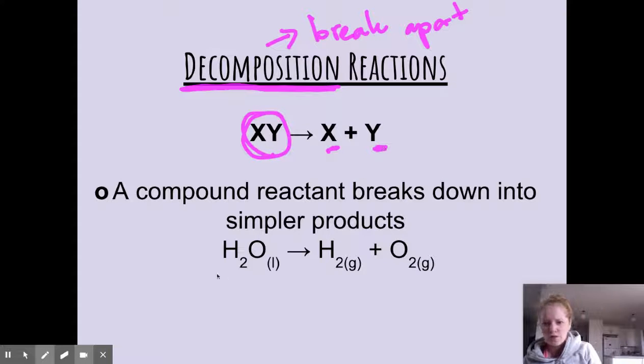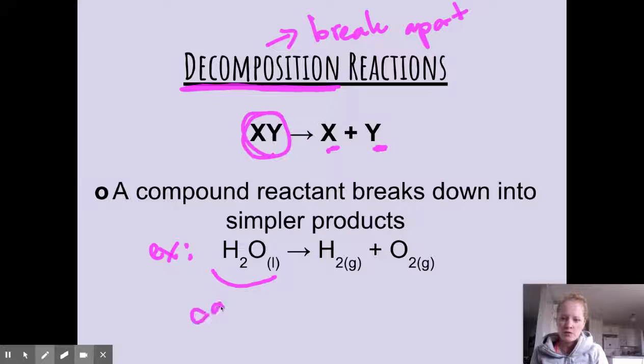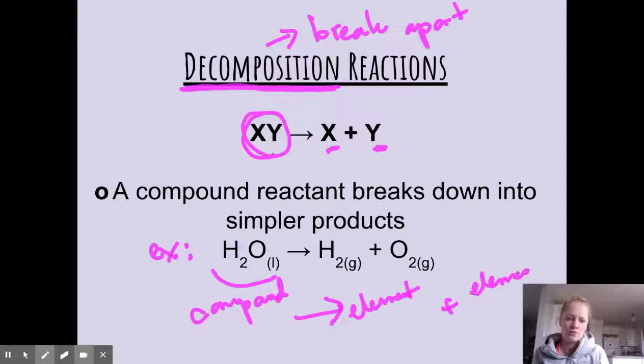For example, if you have a compound of water, it breaks apart into hydrogen and oxygen. So a compound breaking apart into element 1 and element 2.